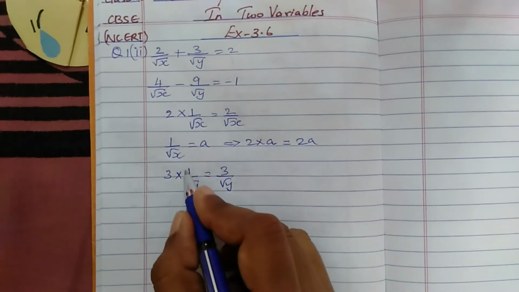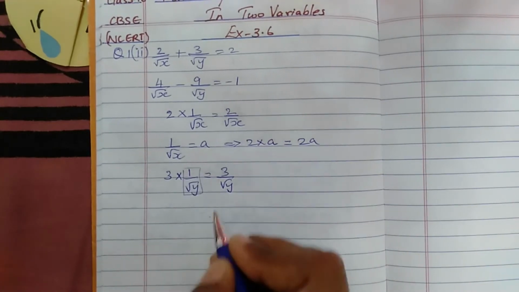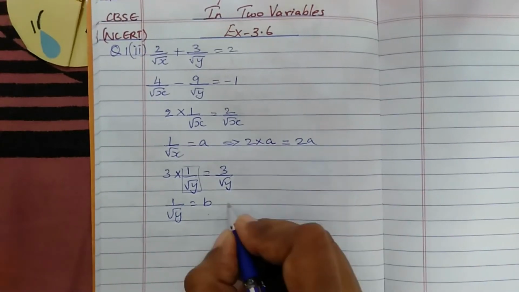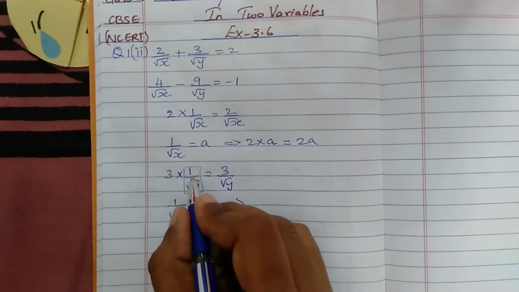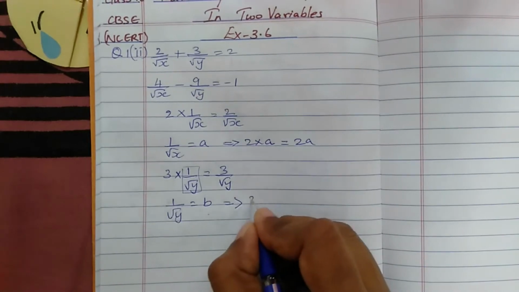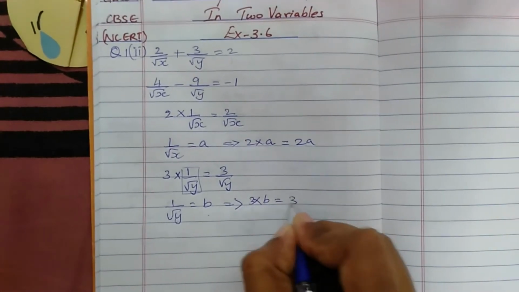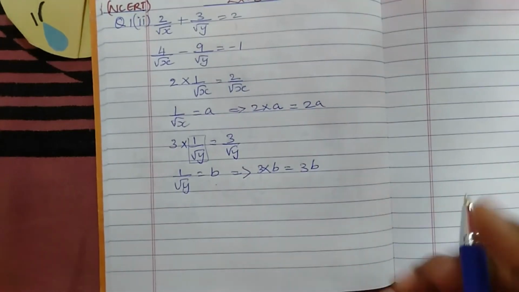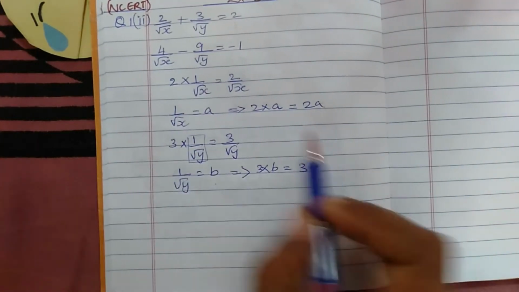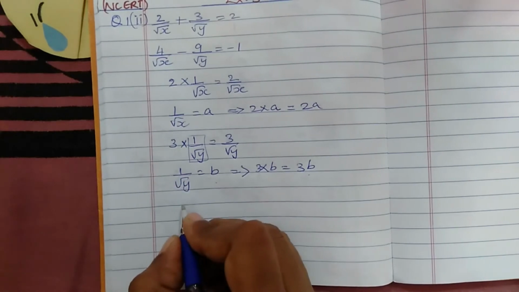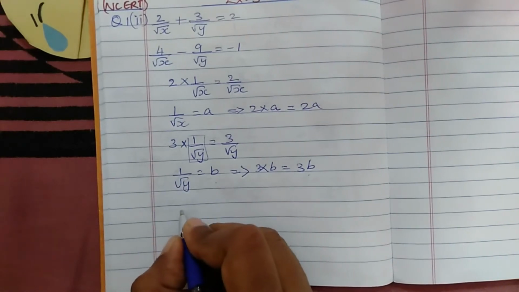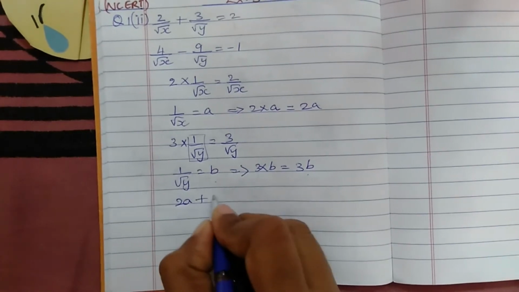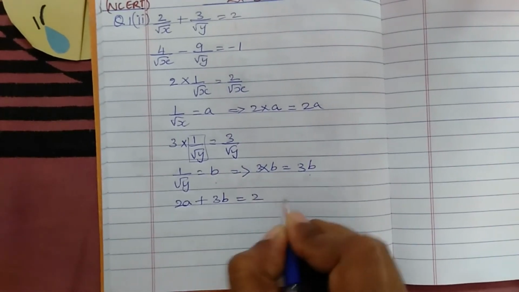So now you can give this a value. 1 by root y is equal to b. If you replace b here, 3 into b will give you 3b. Now, the two terms for your first equation are ready. So, let's write the first equation. It is 2a plus 3b is equal to 2.